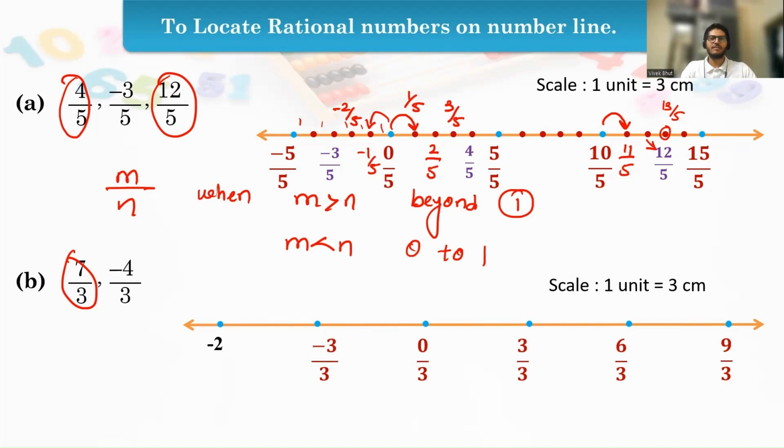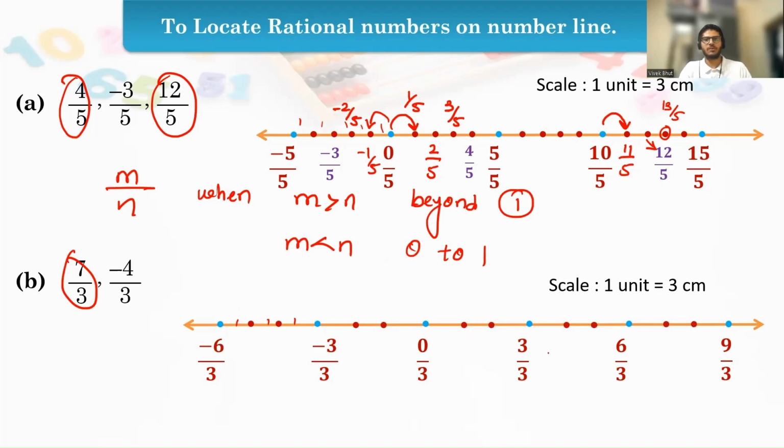Okay, and -1 will become -3/3, and -2 will become -6/3. Now I think you are very much clear, right? So my 7/3, अच्छा सबको 3 gaps में divide करते हैं, 3 divisions पे, तो यहाँ पे हो गया 1 2 3, again यहाँ पे 1 2 3, यहाँ पे भी 1 2 3, यहाँ पे 1 2 3, और यहाँ पे 1 2 3, correct?